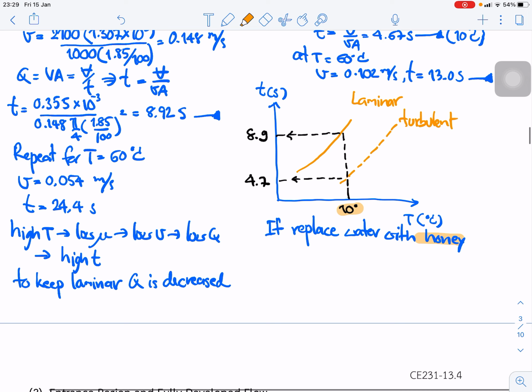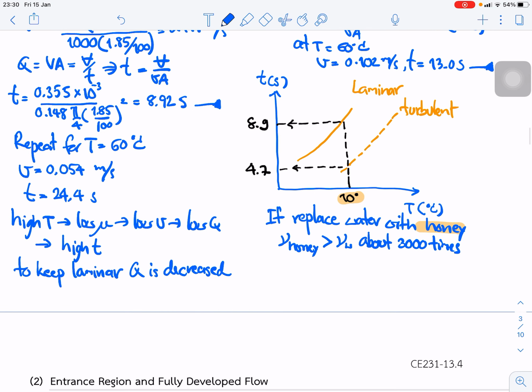Okay, we discuss further what happens if we replace the water with honey. So what is the viscosity of honey? The kinematic viscosity of honey is greater than water, about 3,000 times.